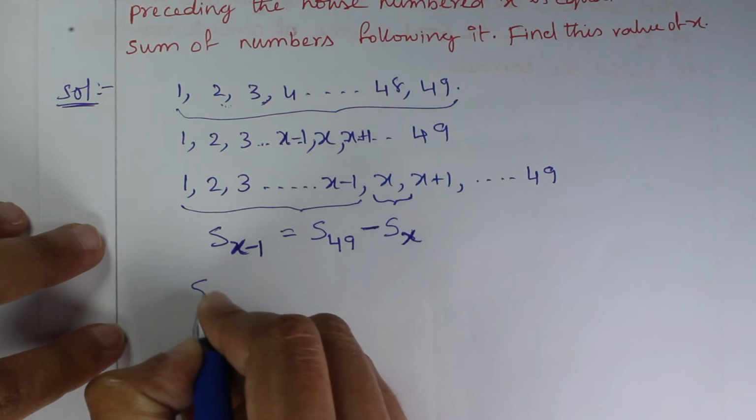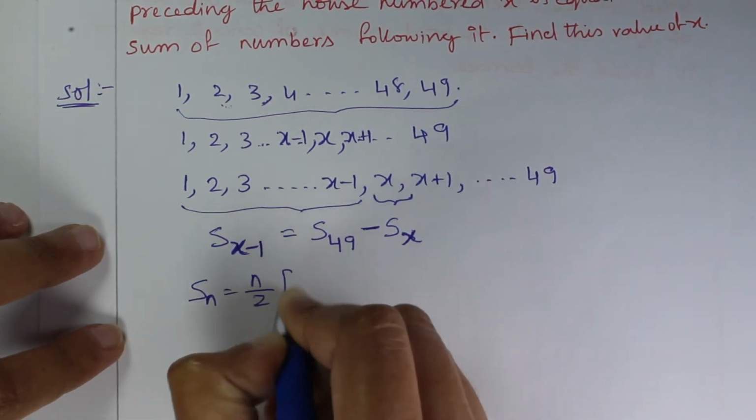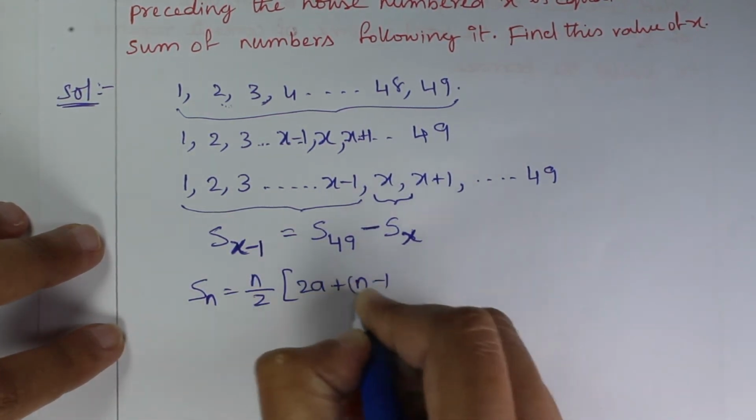Now we know the formula of Sn. Sn is equal to n by 2 into 2a plus n minus 1 into d.